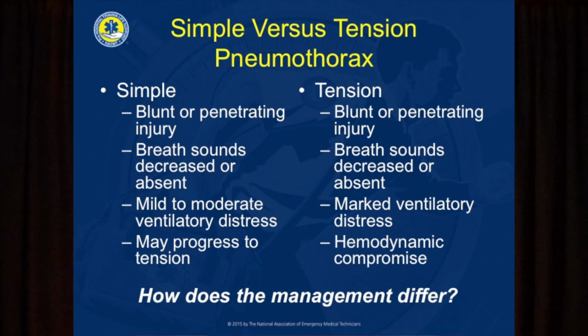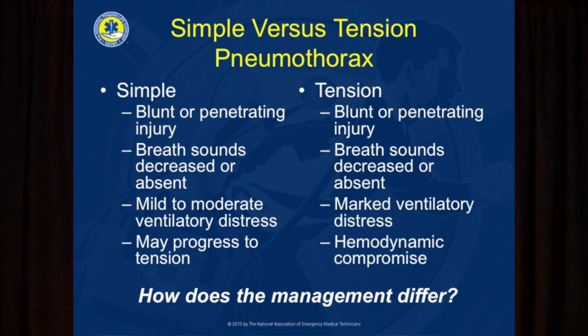And really for us, it's going to be on presentation and symptoms for us to try to identify. So the simple can be from blunt or penetrating, as can the tension. The breath sounds can be decreased or absent in both as well. You will notice in the simple pneumo that there may be mild or moderate ventilatory distress, but a simple by itself that stays that way won't continue to get worse.